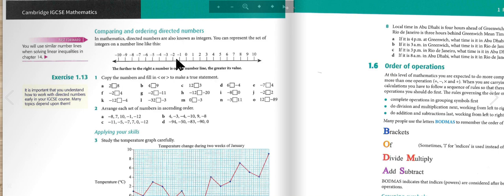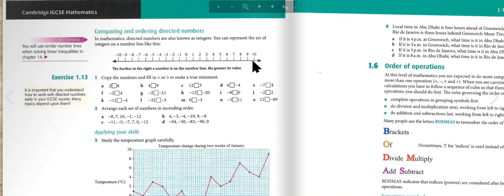Zero is in the middle. 1, 2, 3, 4, 5, 6, 7, 8, 9, 10. The further to the right a number is on the number line, the greater its value.